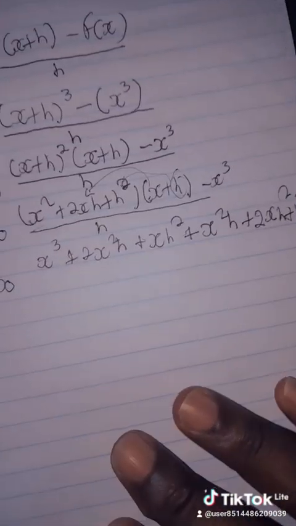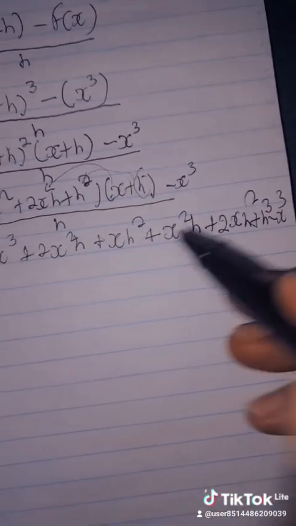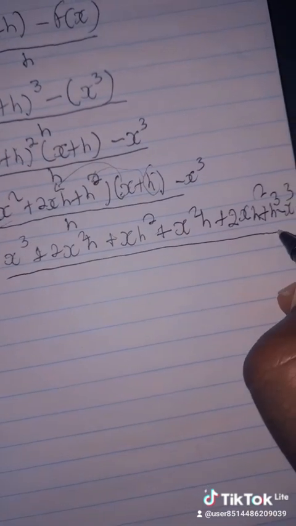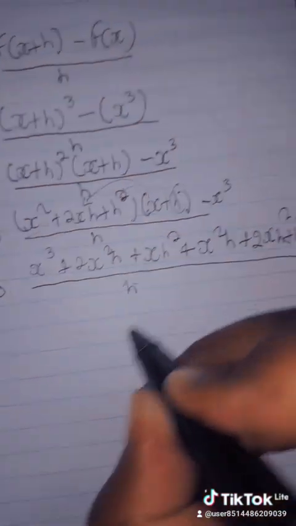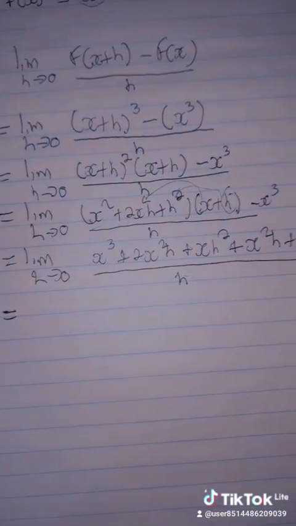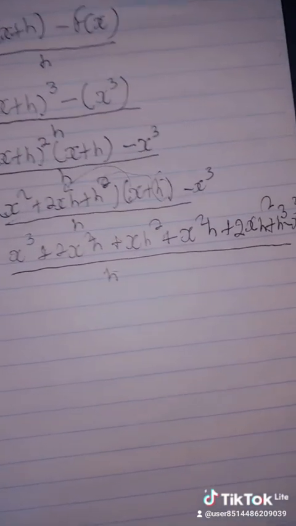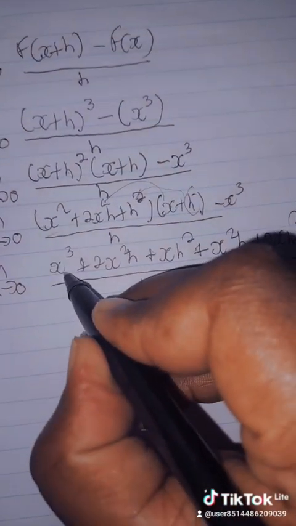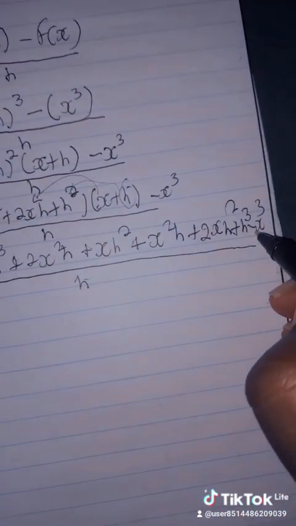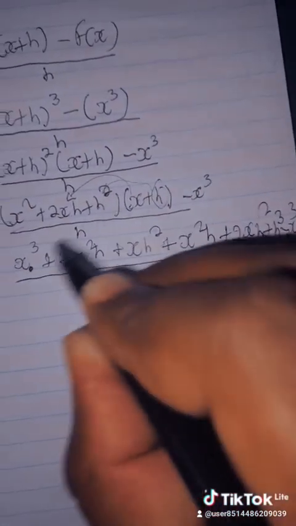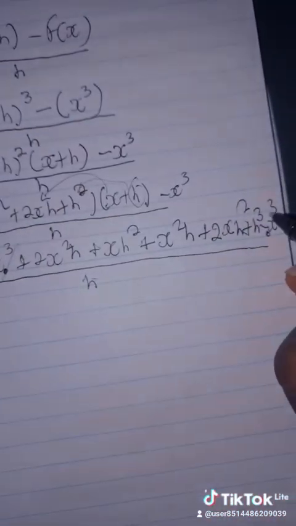Okay, we have worked out the brackets, divided by h. Now our next step is to collect the like terms. We can see, guys, x cube minus x cube will be 0, meaning that these two cancel each other.